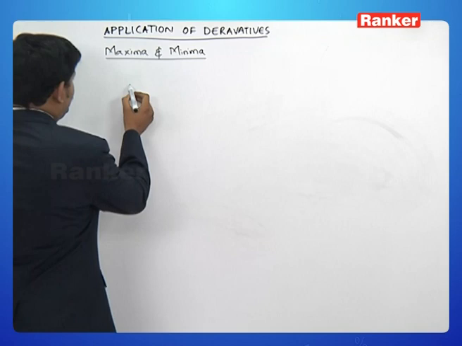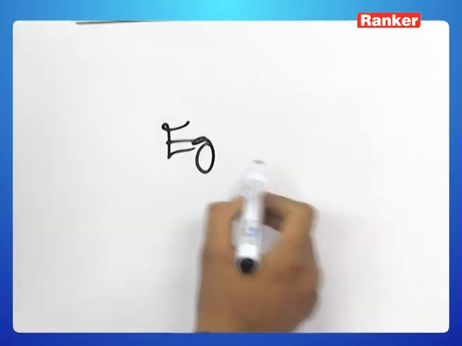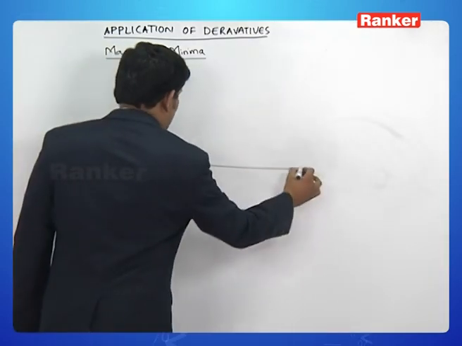Let's look at another example. Let's say I have a function whose graph is this way.